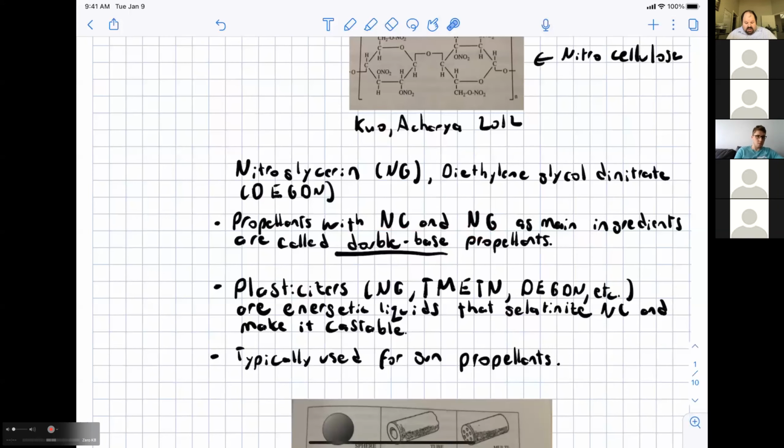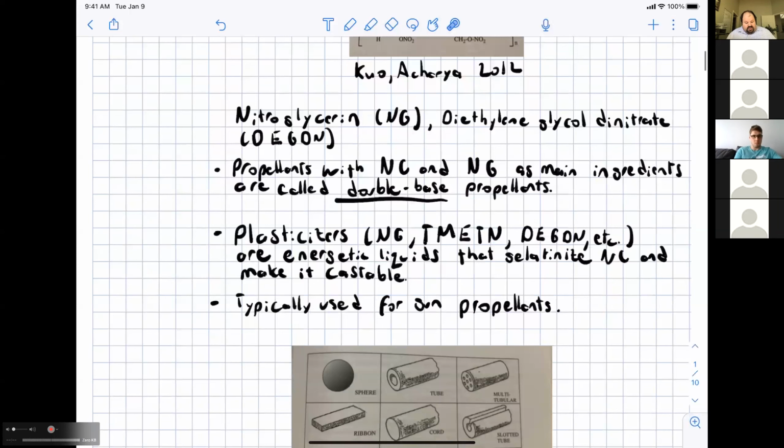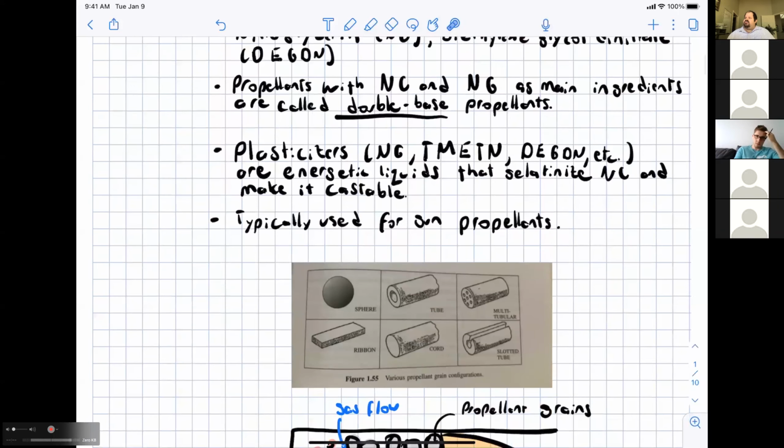Okay, so what's nice about homogeneous propellants is that their structure is perfectly uniform, and they're castable, they are safe, and they don't have any solid particles in them. Because of that, they are typically used for gun propellants.